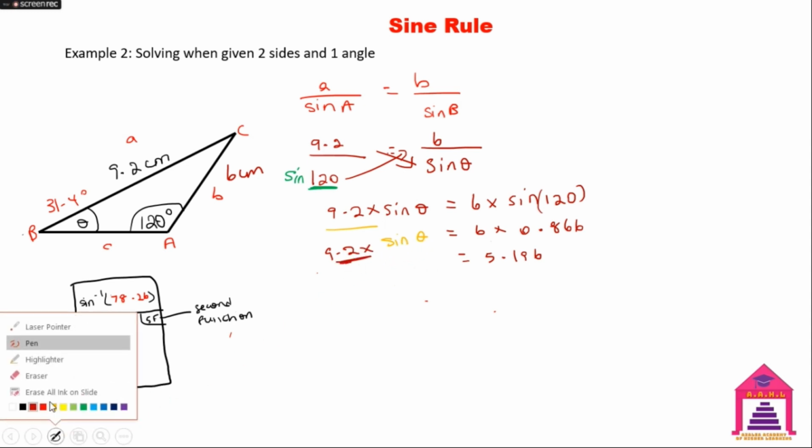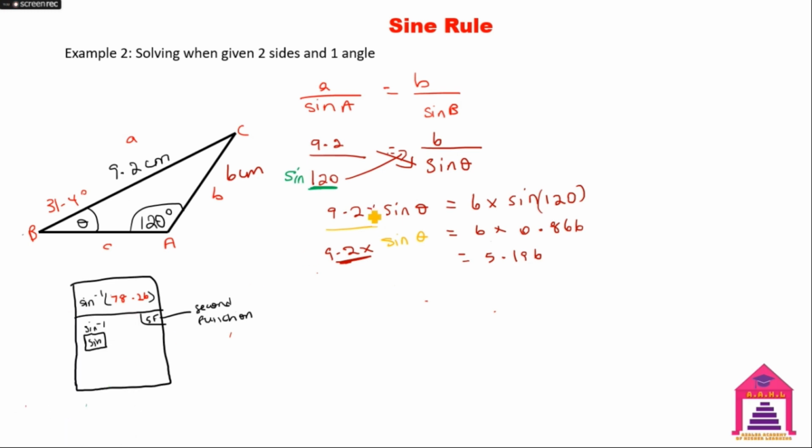Now we are going to take our 9.2 and substitute it here. And it's going to become 5.196 divided by 9.2. And this is sine theta. So your answer would be 0.564.